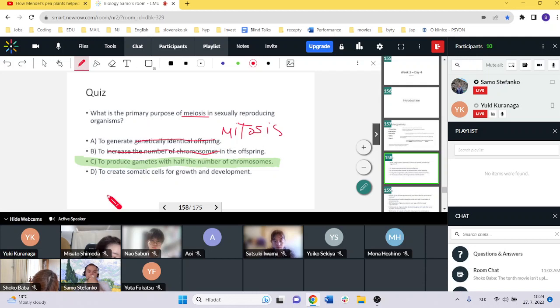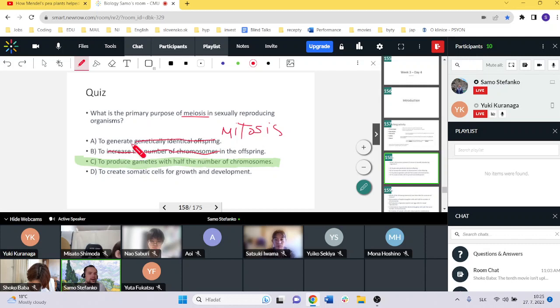D. For growth and development. Growth and development is very general. We can say that meiosis, or the gametes after meiosis, play a crucial role in fertilization: an egg and then a zygote, and then the zygote is growing and developing and creating a human being.